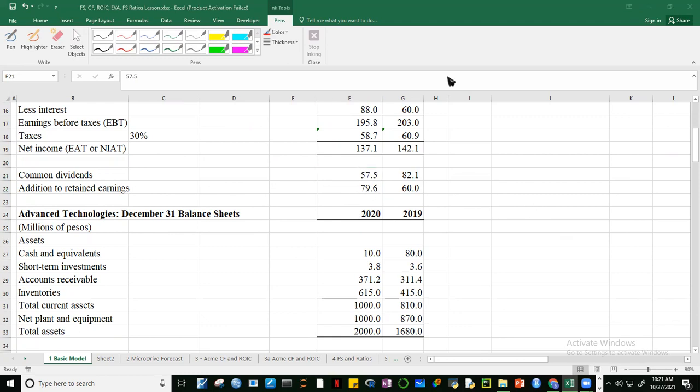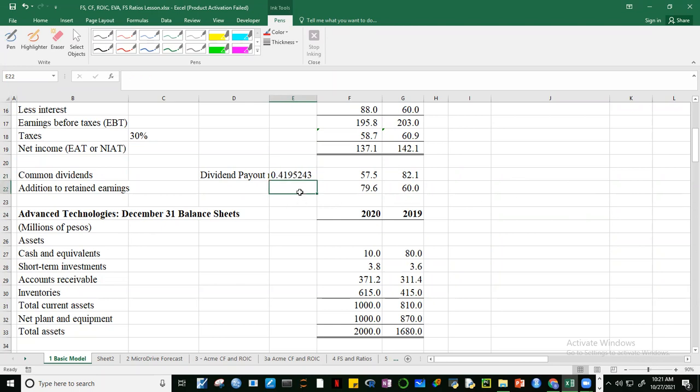And how much was the dividend payout ratio? The dividend payout ratio was 57.5 divided by the 137.1, so it was around 42%.